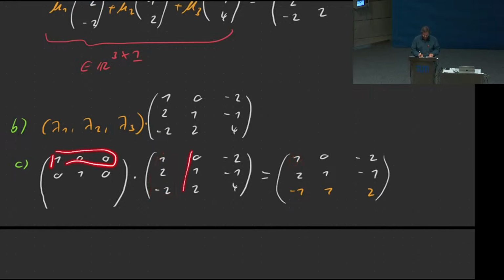This row times the second column will be this entry. This row times the third column will be this entry. So by having this 1 here, we just reproduce the first row. Same thing for the second row. This here will produce the second row of my result, so we just reproduce the second row.